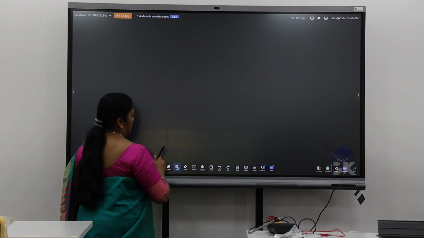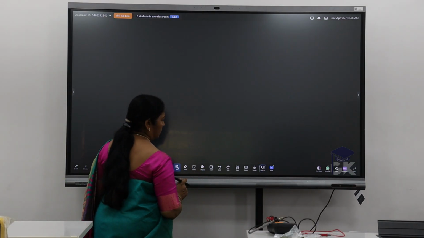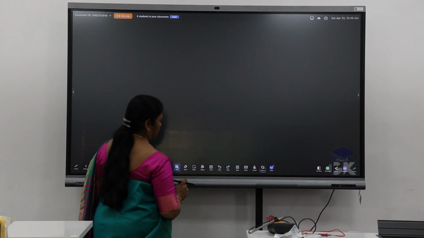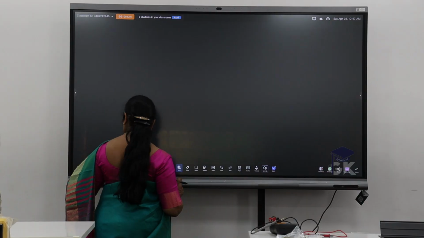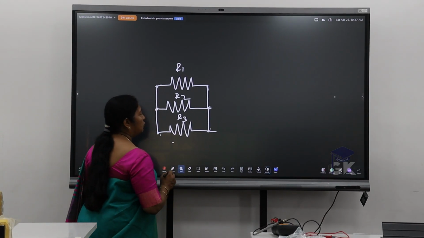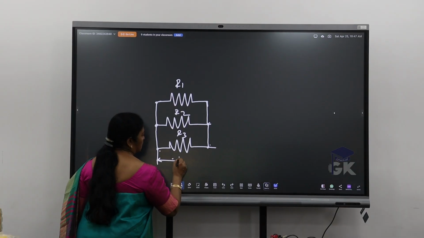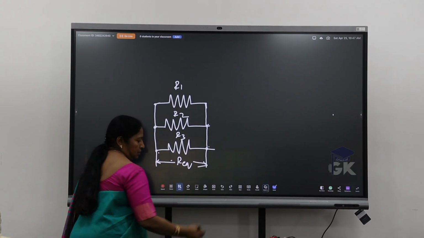So now across that, I just wanted to find out what is the equivalent resistor across this combination.